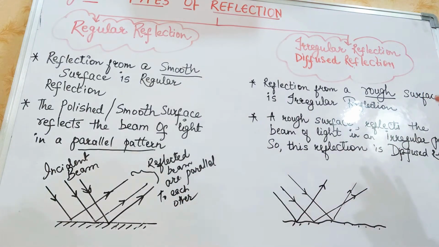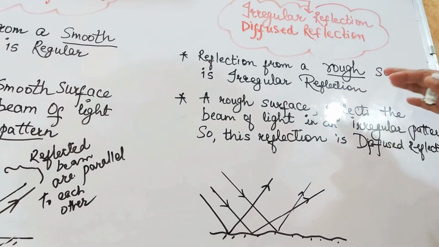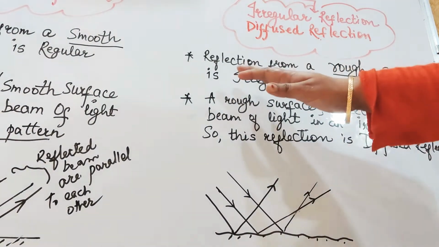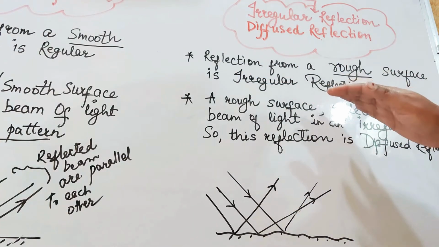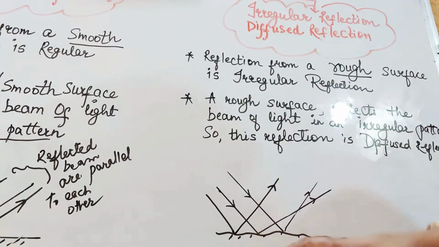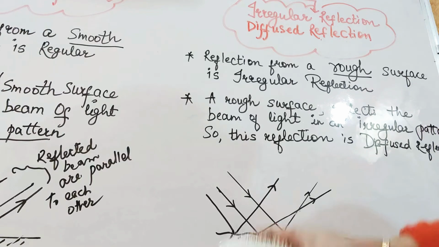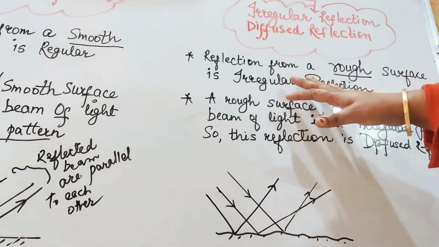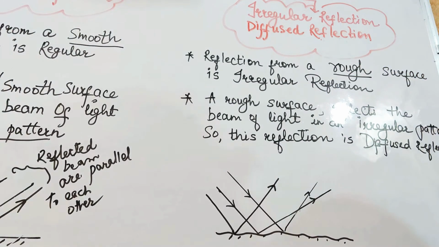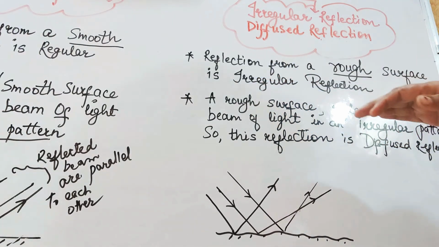Now, what about this irregular reflection? When we say irregular reflection, I mean to say that the reflection is from a rough surface. My body, a piece of wood, any surface, this particular part, the comb part, the bristle portion, these are rough surfaces, and these rough surfaces will always give us the irregular or diffuse reflection.